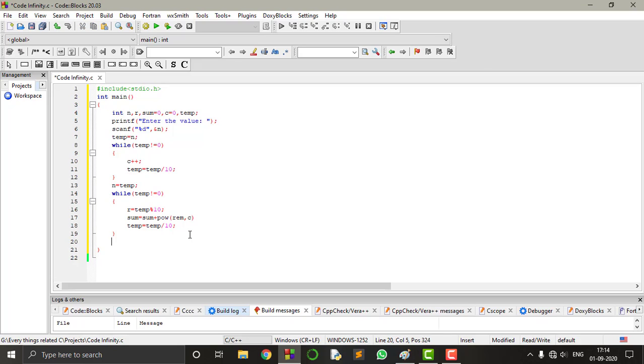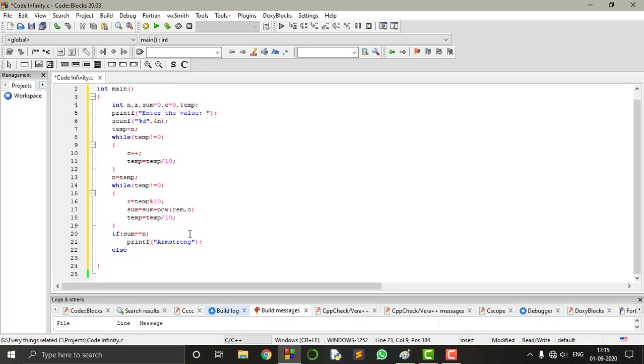And if sum equals n, here we can check: the value of n is 153, and the sum we calculated is 153.